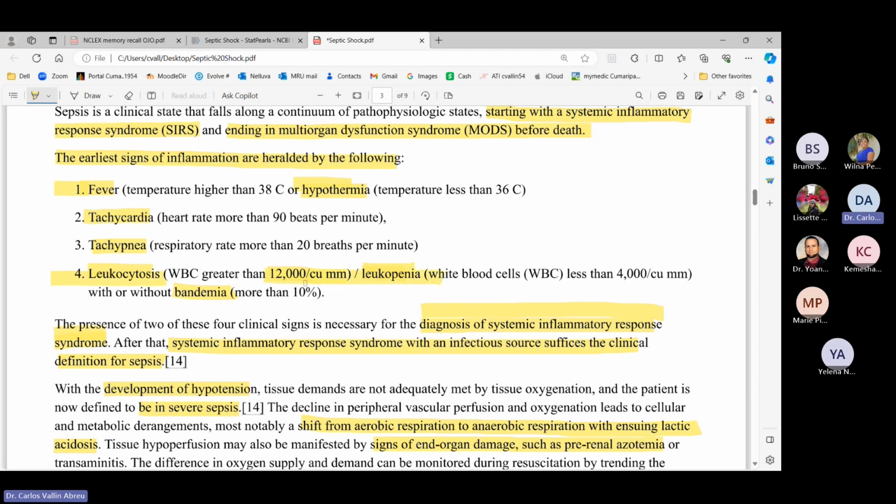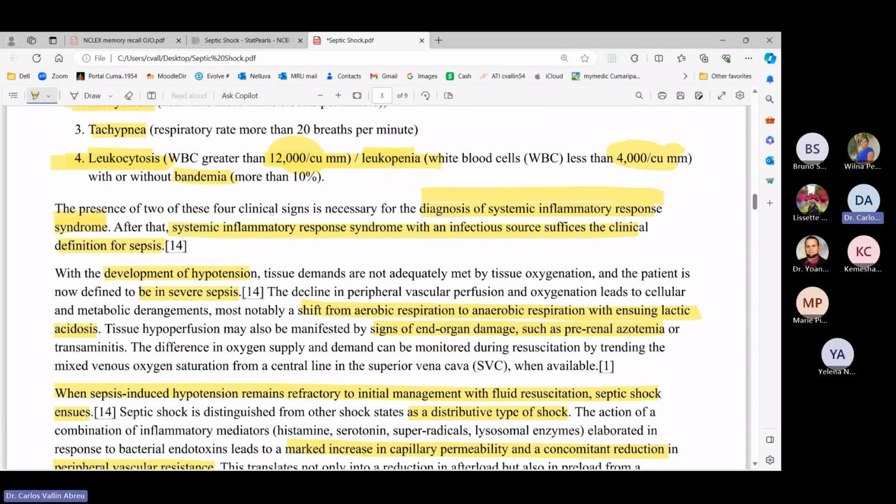It's important to more or less memorize the thresholds that they give us. The other possibilities are tachycardia, which is very unspecific, and tachypnea, which calls attention because it is not present in our client. But our client has at least two: fever and leukocytosis, and also tachycardia, so three. So until this moment we can diagnose systemic inflammatory response syndrome.